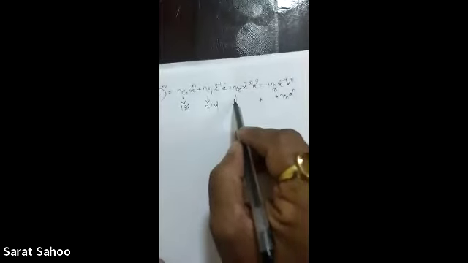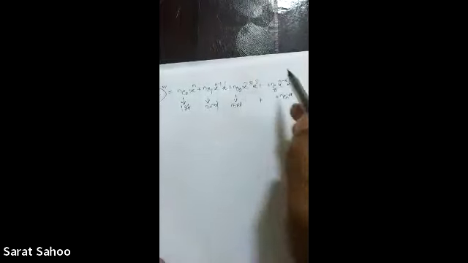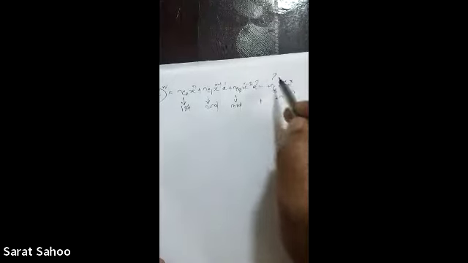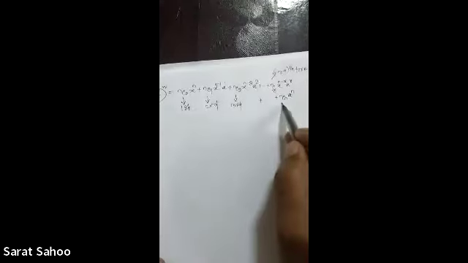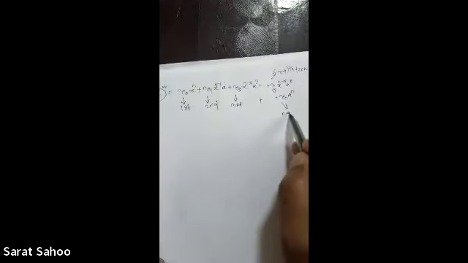Okay. This is the series expansion of (x + a) raised to the power n. nC0 is the first term, nC1 the second term, nC2 the third term. Similarly, nCr will be the (r plus 1)th term. And nCn will be the (n plus 1)th term.